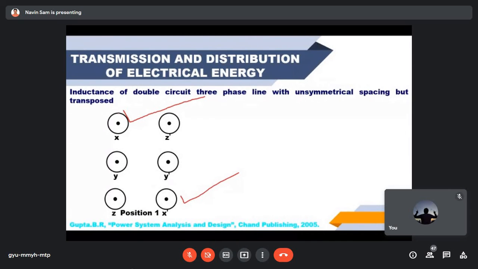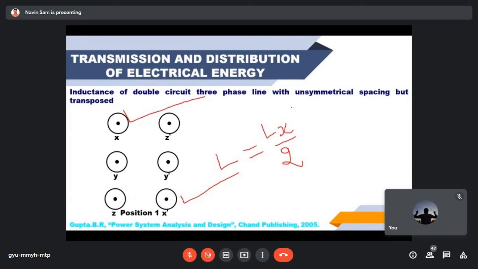And if I know the inductance of X and X dash, I can easily derive the inductance per phase, in the sense X and X dash are responsible for the R phase inductance. These two are connected in parallel. Then per phase inductance can be calculated as Lx divided by 2, if Lx is assumed to be the inductance of conductor X.